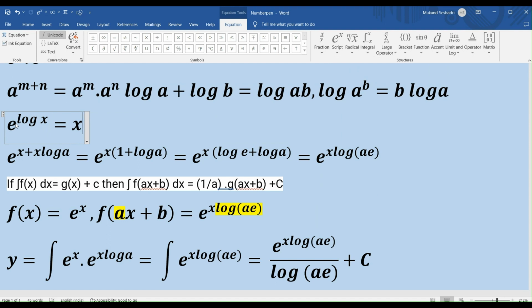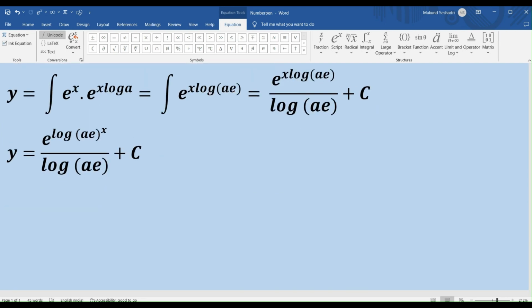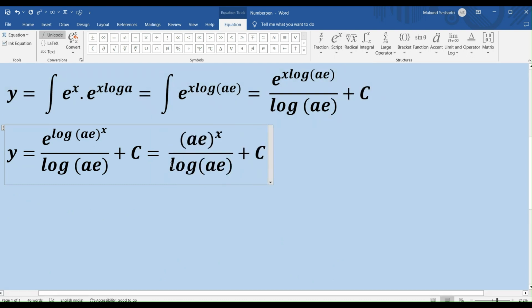We will do that in a separate video. So when I have e to the power log x equal to x, I know that my e to the power log of ae to the power x is nothing but ae to the power x, right? So there I have my final answer. I don't think I can do any further simplification.